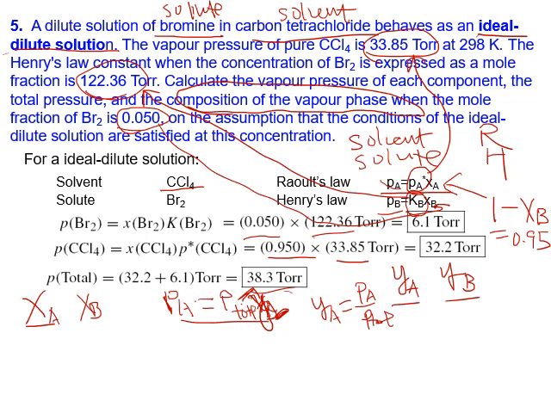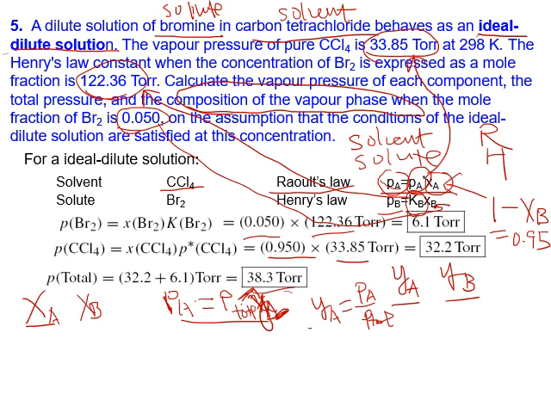Okay, remember this equation, Dalton's law, is about everything in the gas phase. In contrast to Raoult's law or Henry's law, where the mole fraction is in the solution phase and the pressure is in the gas phase. Raoult's law and Henry's law are a bridge between solution and gas, but with Dalton's law everything is about the gas phase.